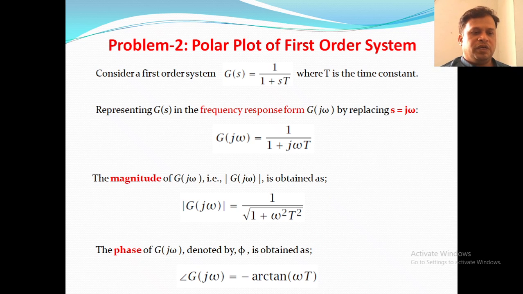The phase of G(j omega), denoted by phi, is obtained as the angle, that is minus arctan omega T.